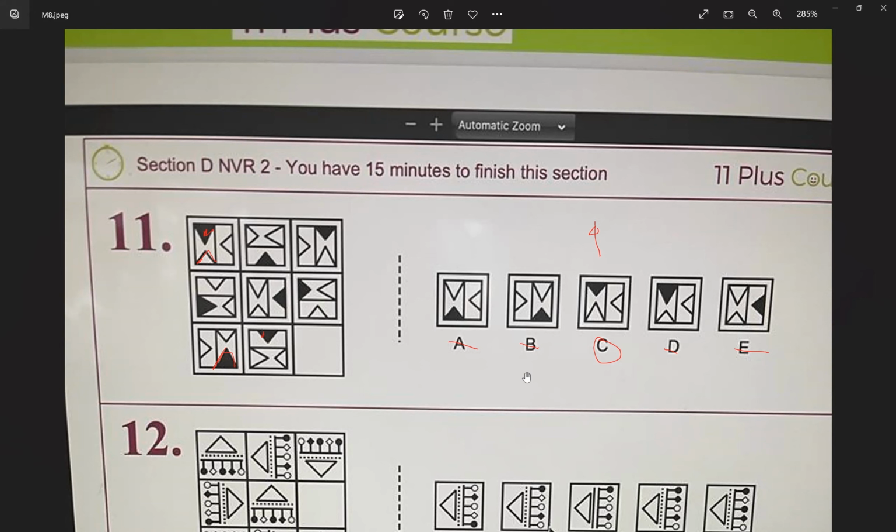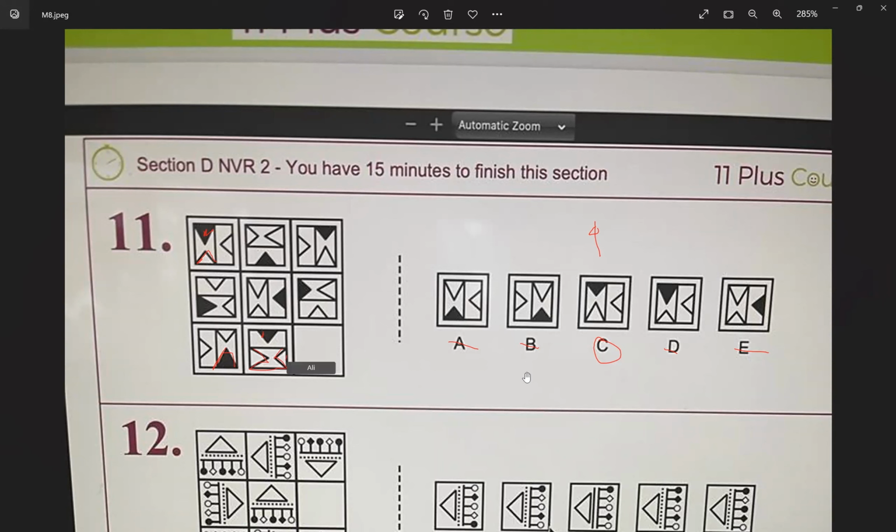I changed my mind. It's actually A. I got a bit confused when these two shapes were like this because I didn't know where the gap was.